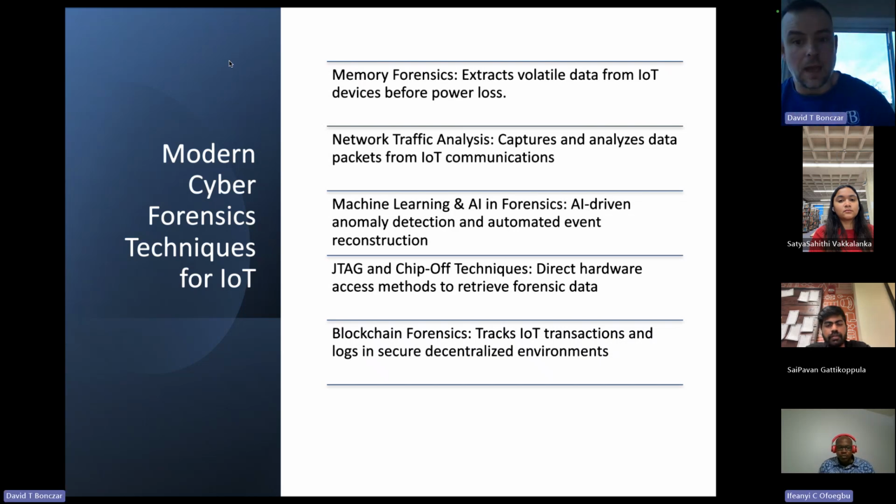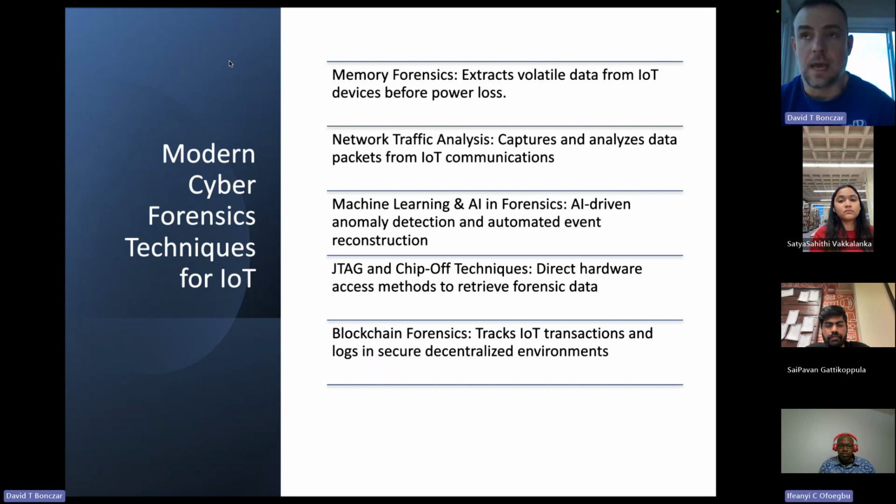Machine learning and AI forensics. This is an AI-driven anomaly detection and automated event reconstruction. Essentially, here it's trying to play back what the device was doing. JTAG and chip-off techniques.